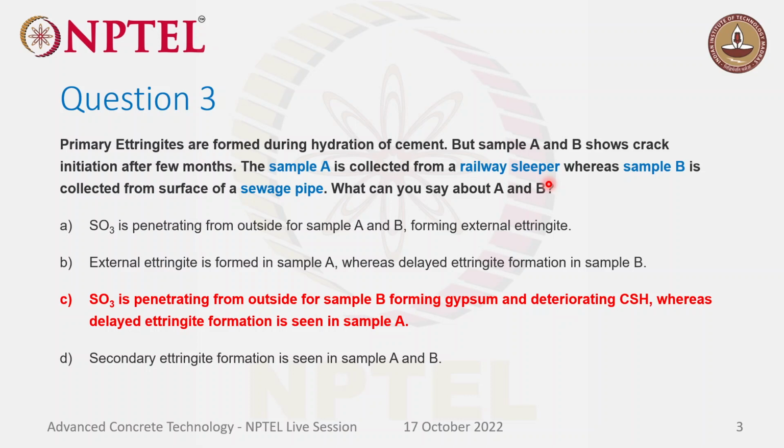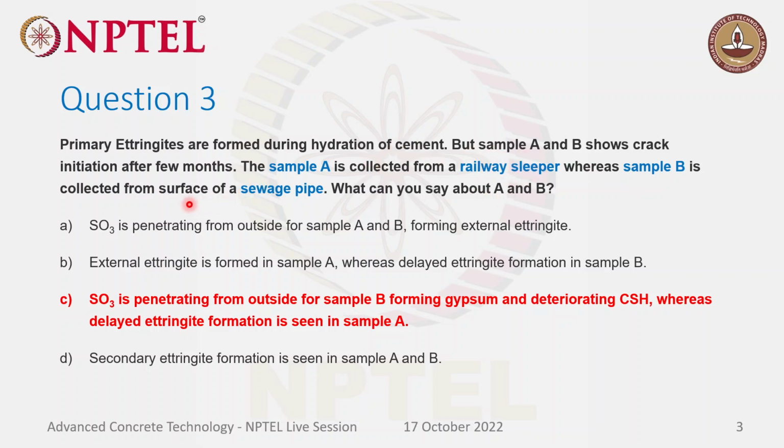So the concrete samples from railway sleepers will be subjected to high temperature, which can be even more than 70 degrees Celsius. In such cases, we all know that ettringite is not stable at that temperature. So delayed ettringite formation can be one such problem for sample A, which is collected from railway sleepers.